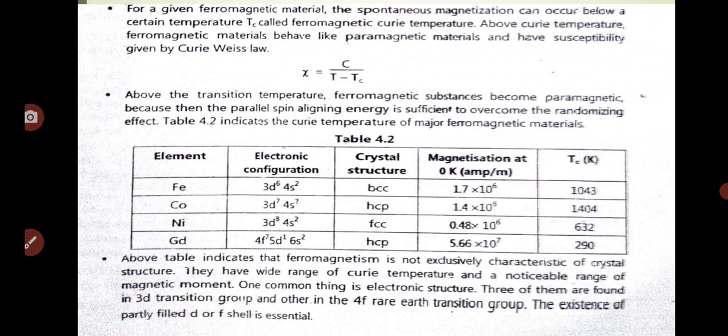And similarly cobalt, nickel and gadolinium, with their electronic configuration, crystal structure and temperature, are considered ferromagnetic materials.